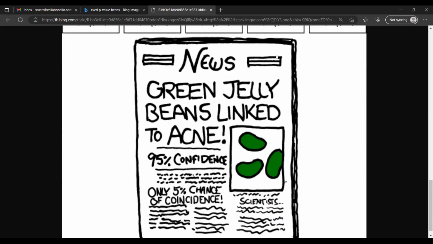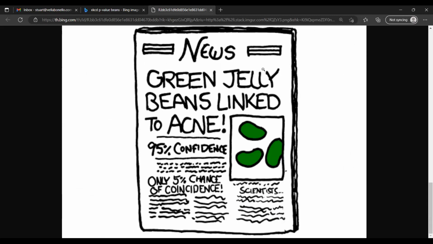And this is usually universities and these research institutes. They have their PR teams. So imagine them on LinkedIn. News: green jelly beans linked to acne, 95% confidence, only 5% chance of coincidence, etc., etc., etc.